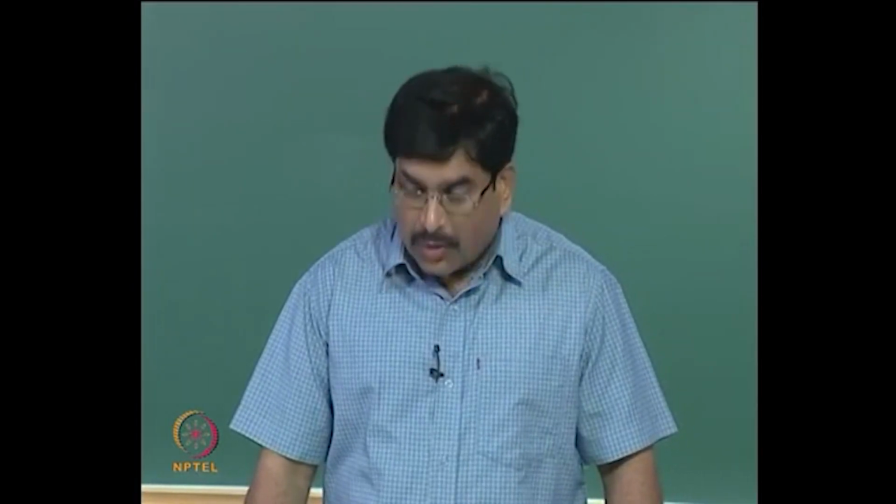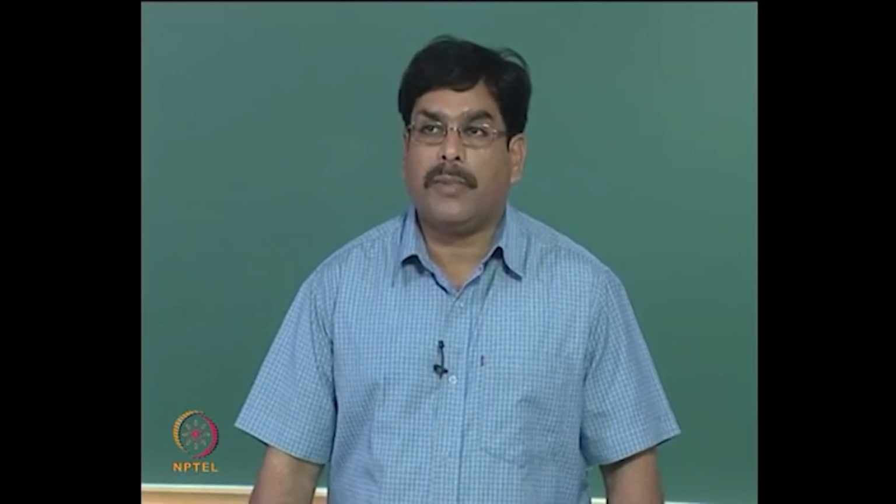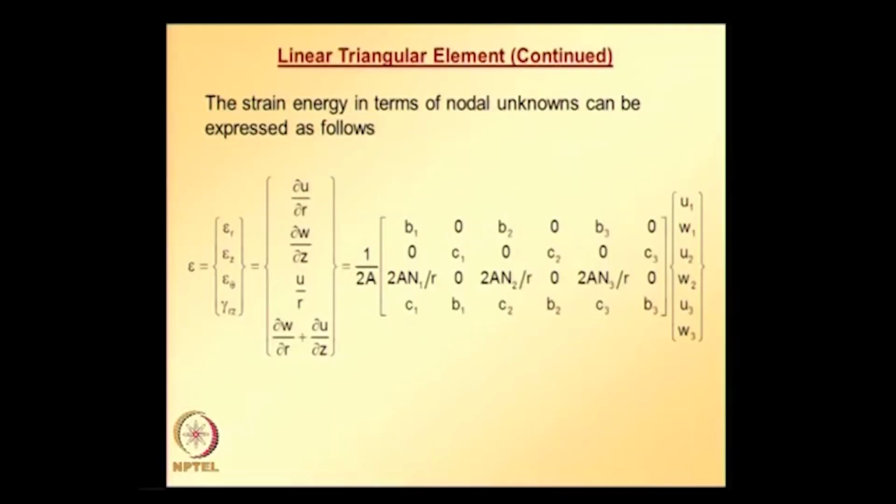epsilon r is constant over the entire element, because all b's are functions of spatial coordinates which are going to be constant for a particular element. So, epsilon r is going to be constant, similarly epsilon z is constant and gamma rz is also constant.